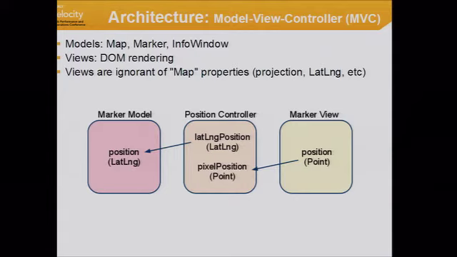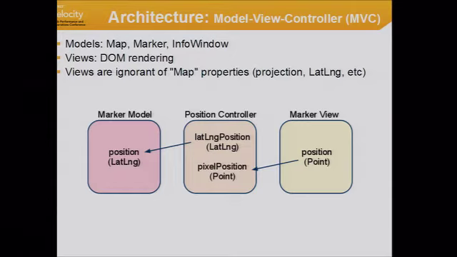We then have a view that knows how to render things based on a pixel position in the DOM. We bind these things together so that the position controller's lat-long position is bound to the model, and the view's position is bound to the position controller's pixel position.